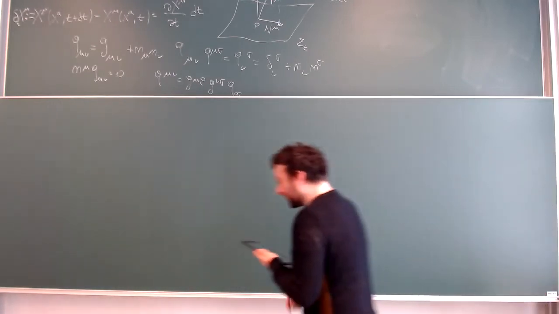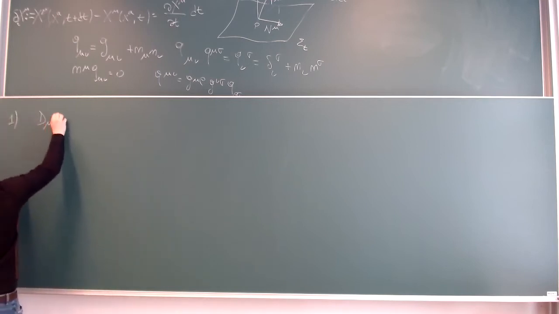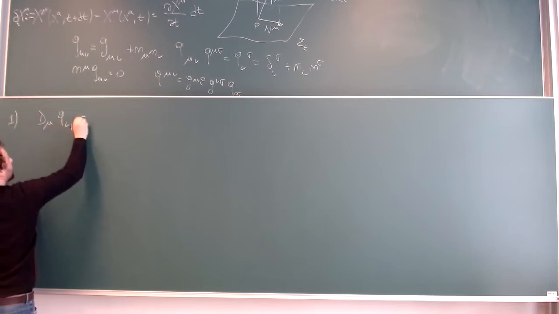From the compatibility, we say that first this condition is D mu q nu rho equals 0.